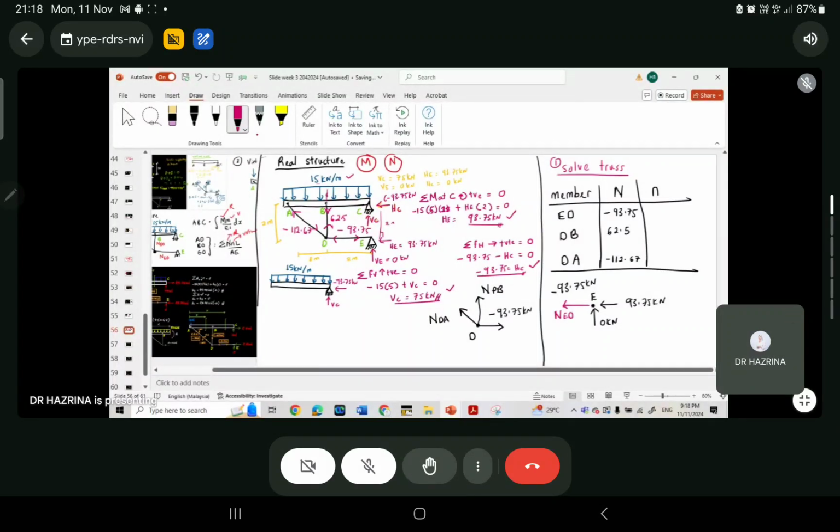Okay. So, this is the result that you get for your truss system. Alright, macam mana dapat? Dia dapat daripada you punya method of joints lah. Dia dapat untuk N besar.